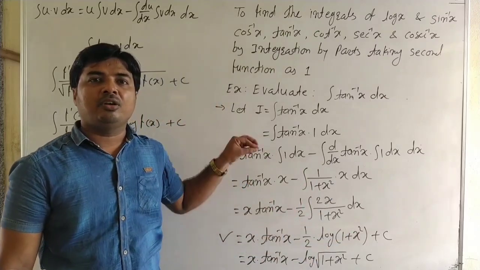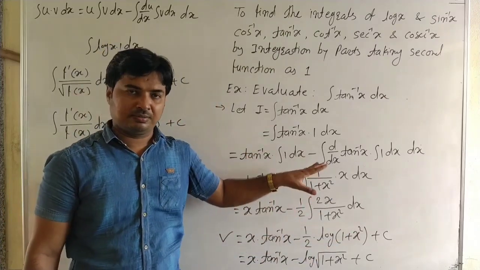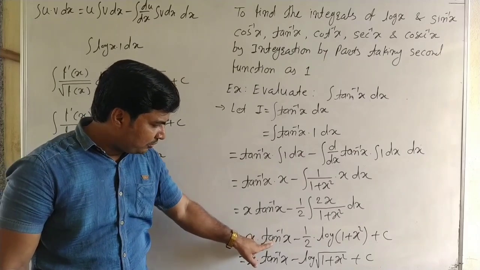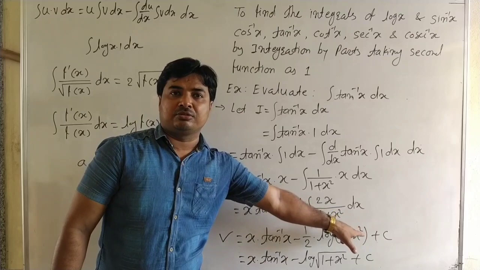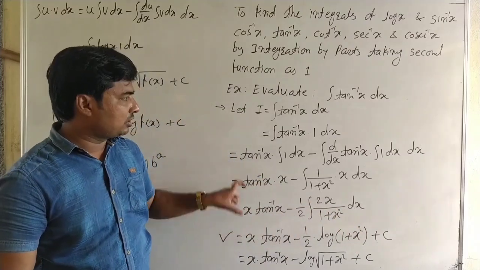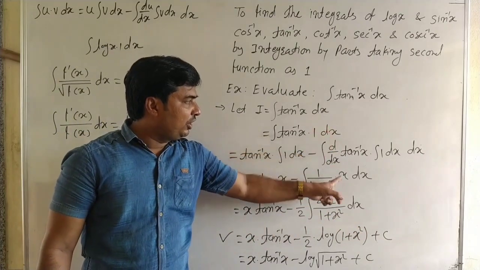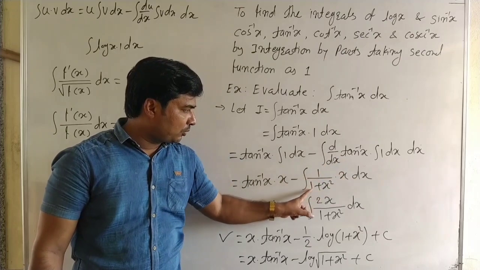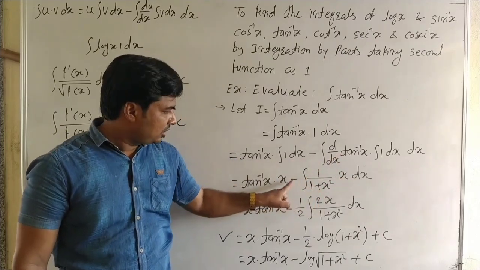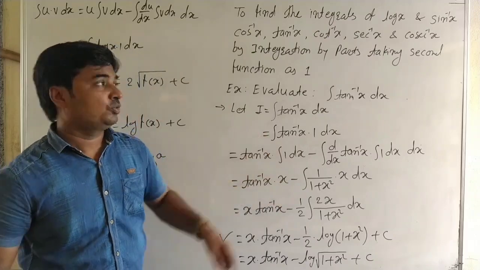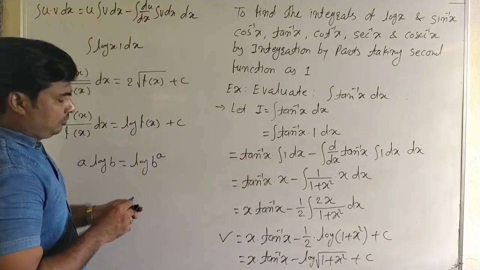It is the integral of cot inverse x. There is only a change: the derivative of tan inverse x is 1 upon 1 plus x square, and the derivative of cot inverse x is minus 1 upon 1 plus x square. So here it will be written plus. Okay, cot inverse is for homework.